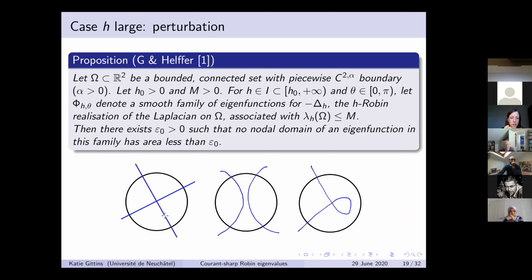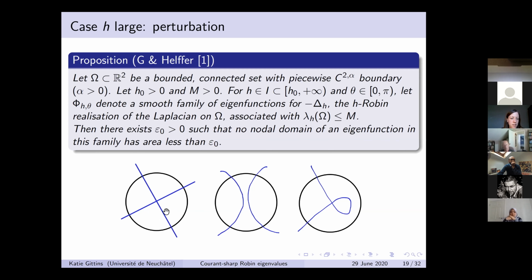I look locally and take a small disk around this interior critical zero, small enough so that its area is epsilon 0, and then I do the smooth perturbation of h. So I move through the family and I try to understand what happens inside this disk to the nodal set.